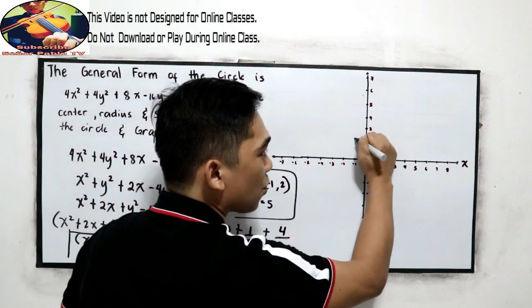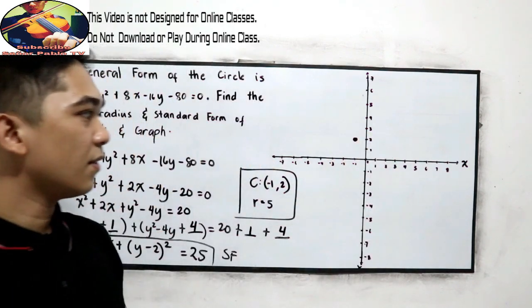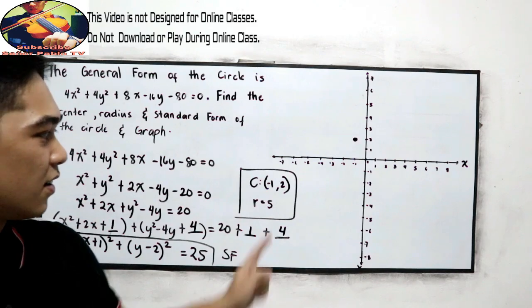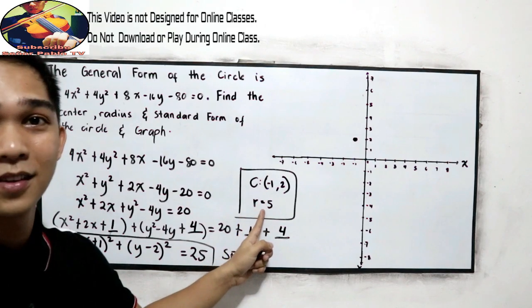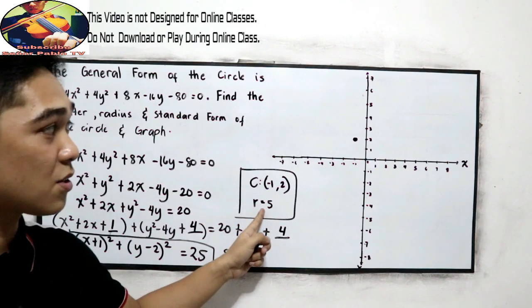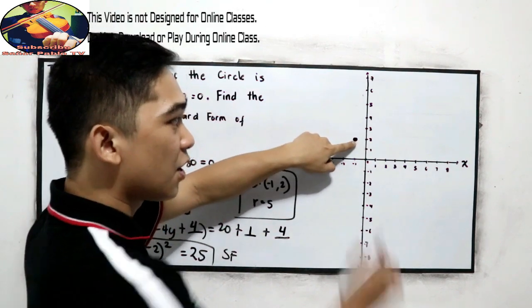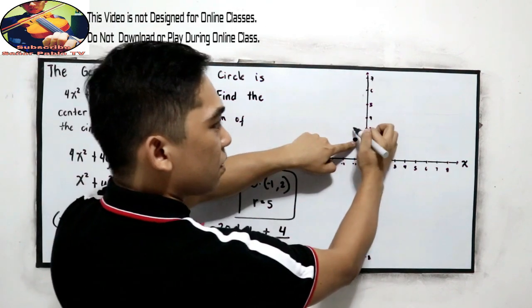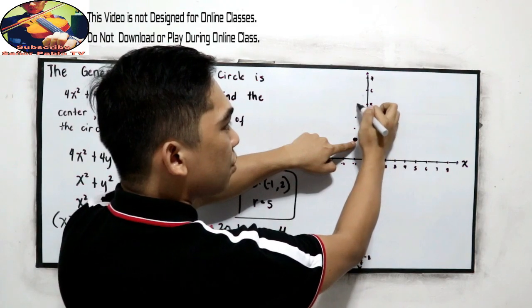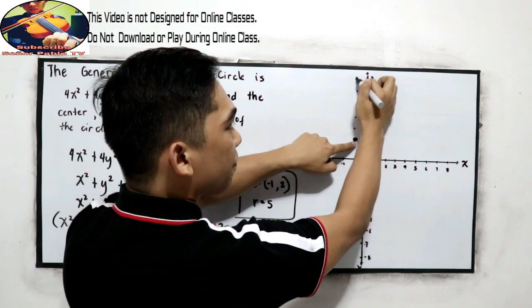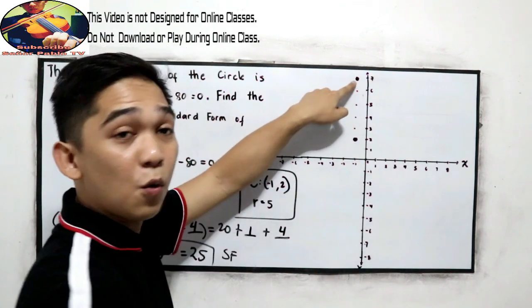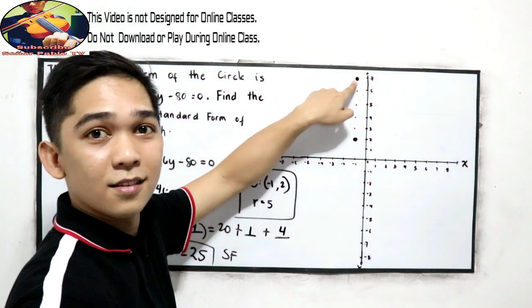So this is our center. Our radius is 5. To find the other points, let us count from the center 5 units up. So 1, 2, 3, 4, 5. That will be our topmost point.